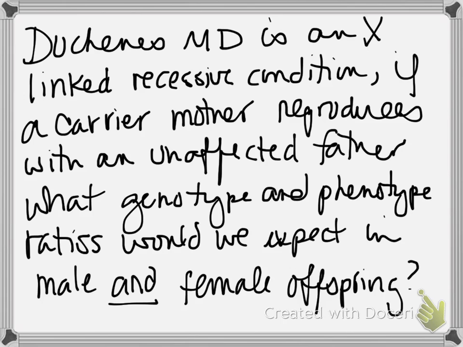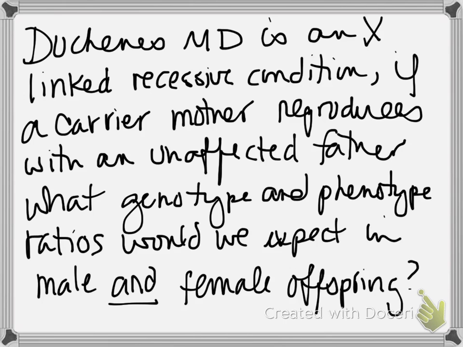Duchenne's muscular dystrophy is an X-linked recessive condition. So it is carried on the X chromosome, and it is recessive. If a carrier mother reproduces with an unaffected father, what genotype and phenotype ratios would we expect to see in male and female offspring?